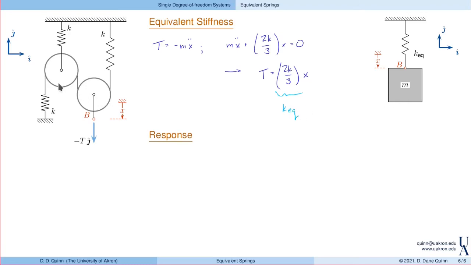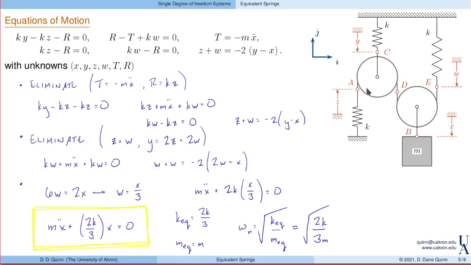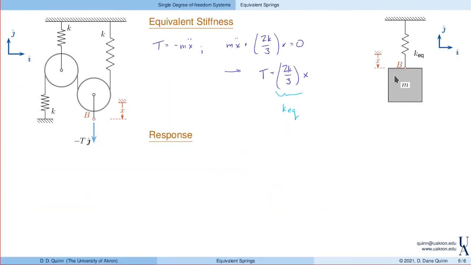So in fact, this pulley system with the mass is identical in terms of the equation of motion to this system shown on the right, where we have, again, a block of mass m and just a simple linear spring, but now the equivalent spring constant is chosen as 2k over 3 rather than something else, maybe k.